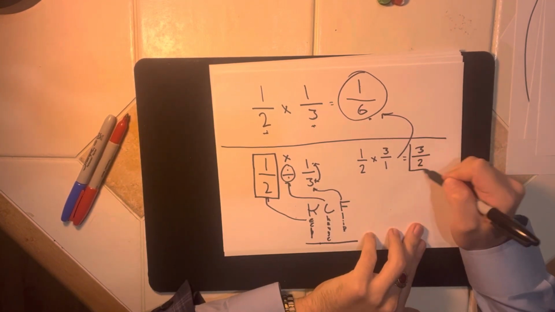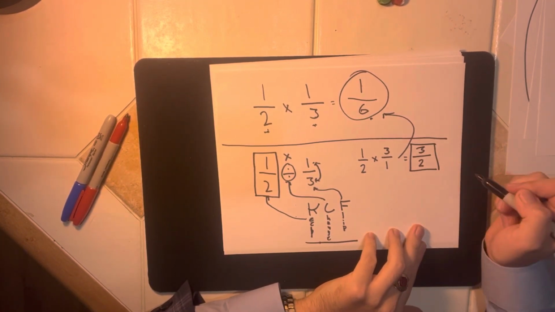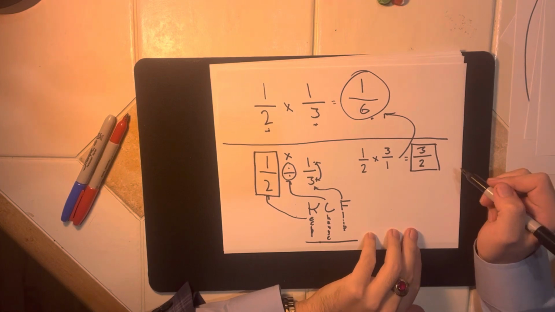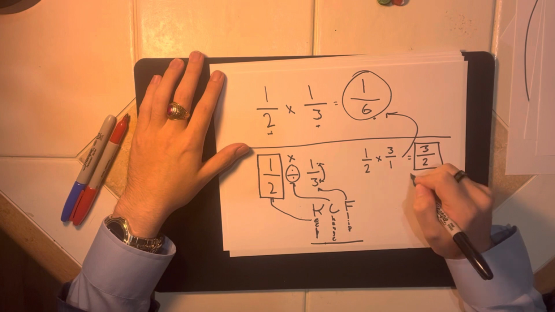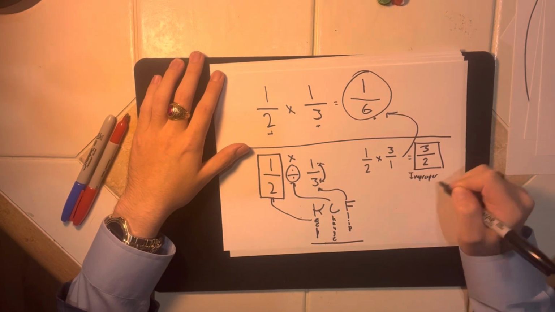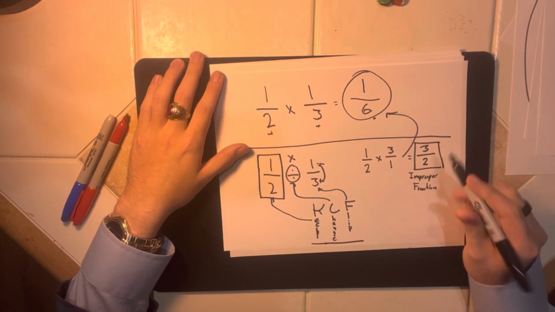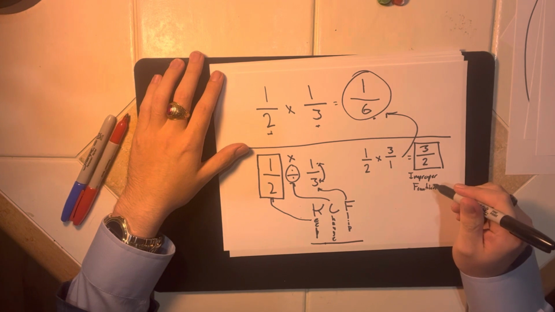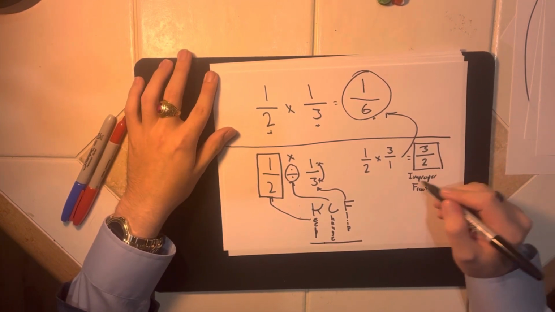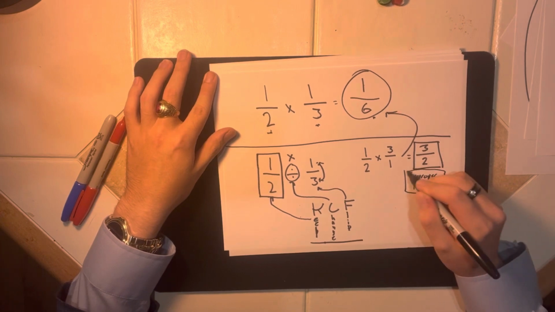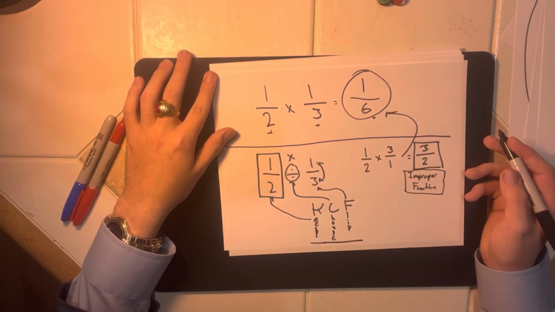Now, we're left with 3 over 2, 3/2. Now, this is what we call an improper fraction. Improper fractions are fractions that are improper. But what this means is you can simplify it. We do this thing called simplify.